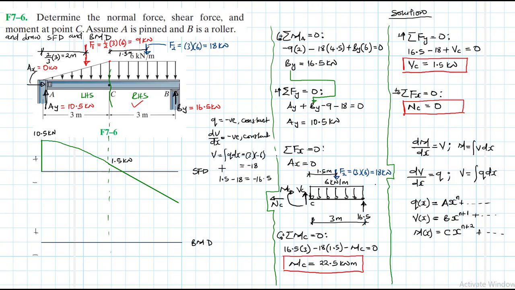And the magnitude of this slope, we know it is already a negative 6. So what is this value here? We say it is a negative 16.5 kilonewtons.